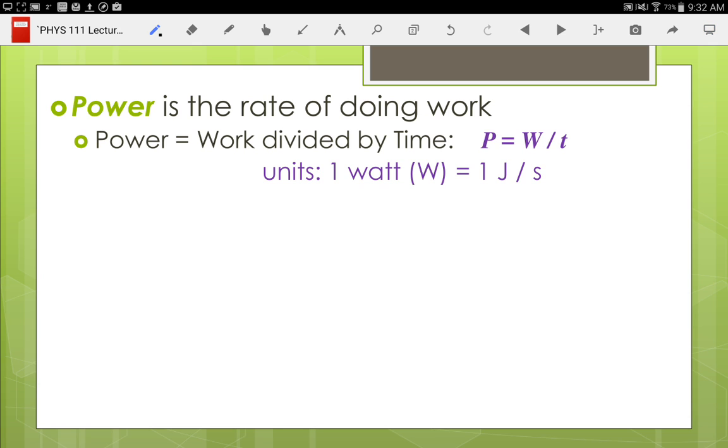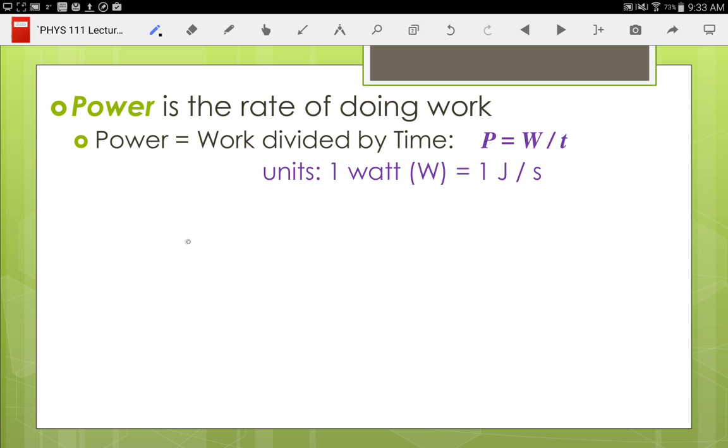So you could take as an example, if you are going up a flight of stairs. If you go up that flight of stairs and it takes you 10 seconds, then the power you exerted was your weight multiplied by the distance you moved parallel to the... Okay, let me back up.